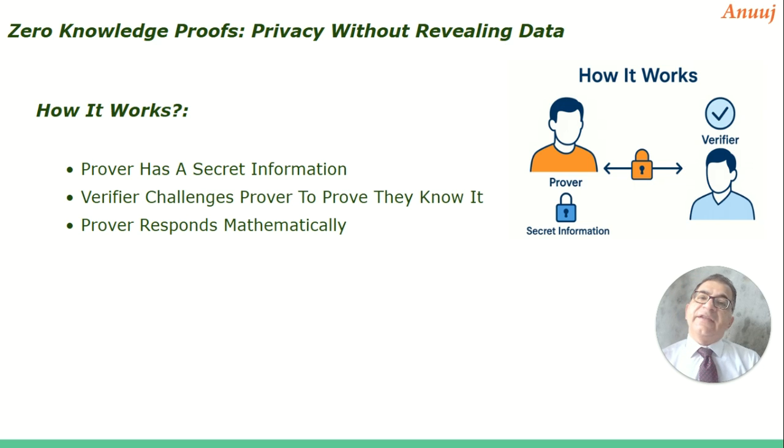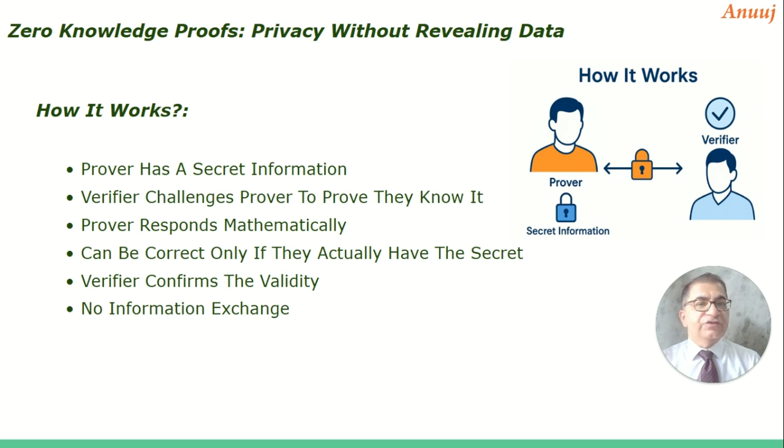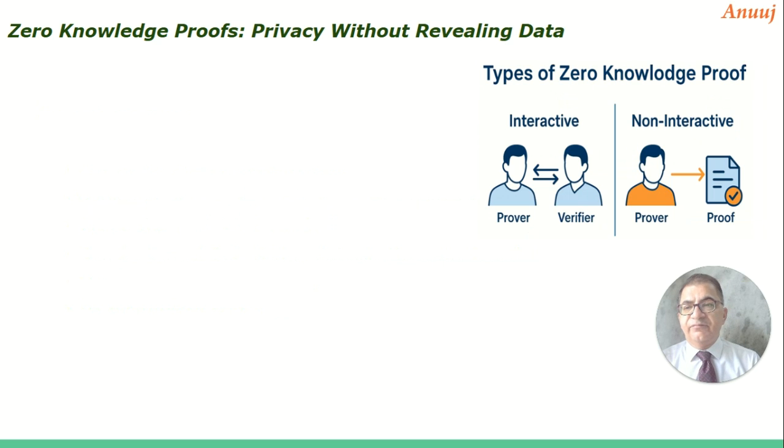Now you would say that in that case you will share the information. But yes, at the first step, if it works well, I'm not sharing anything. The prover responds mathematically and it goes on to the next level. The information can be correct only if the secret has been shared properly. The verifier can confirm the validity of the information, and there is no information exchange in this case.